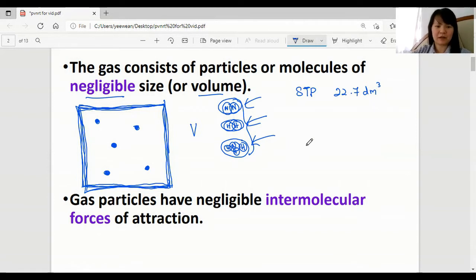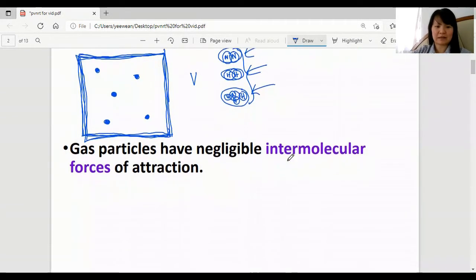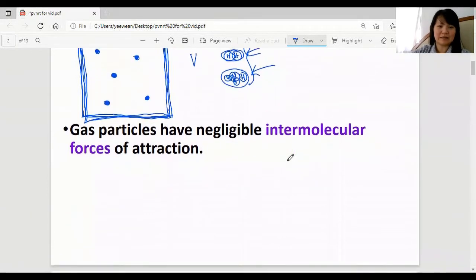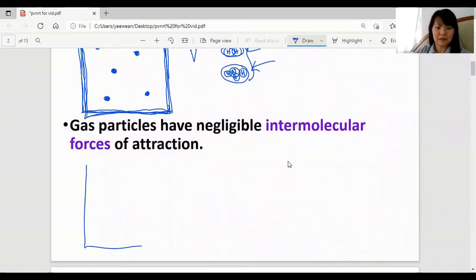The other thing is that these gases, which are ideal, have no intermolecular forces. It's not really true, but in an ideal world, it's true. So for H2 and H2 here, we neglect the intermolecular forces because they are very, very weak.